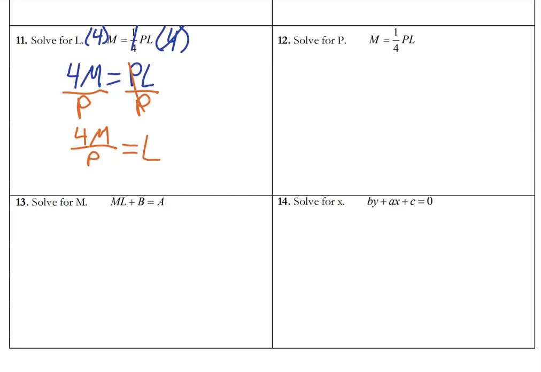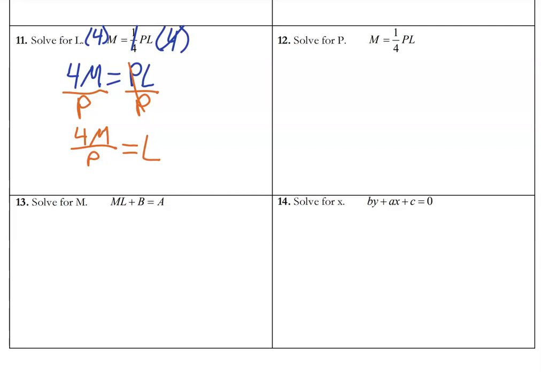Okay. So last example here. Solve for m. Okay, so we have ml plus b equals a. Okay, so on this one, we're just trying to get m by itself. Remember, if there's two things happening, in this case I have m being multiplied by l and then adding b.